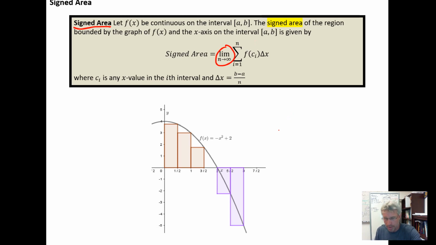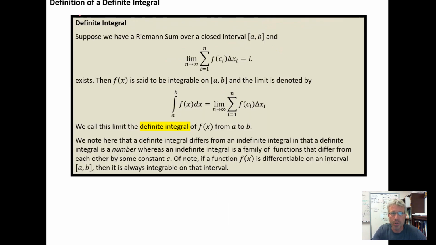And then what we did in the last homework assignment is we gave this limit a name. We said this limit gives us the exact signed area under the curve, and we're going to call it a definite integral. So we took that limit, the limit as the number of rectangles goes to infinity of our Riemann sum, which is just adding up the signed areas of rectangles.